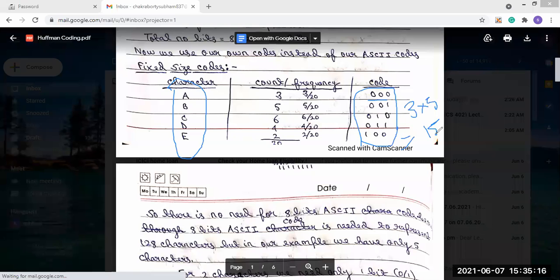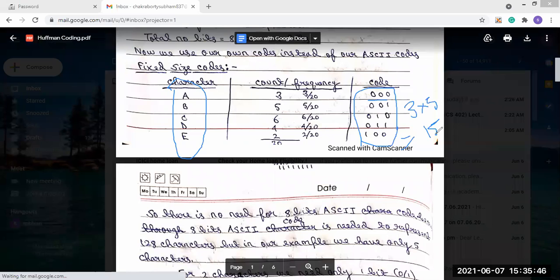This 55 will be added with the message bits. That means 60 plus 55, it is 115 bits. So the total message length will become 115 bits instead of 160 bits, and this 115 bits will be sent by the sender to the receiver side. Okay. So using this fixed size technique, only 35 to 40% is reduced.